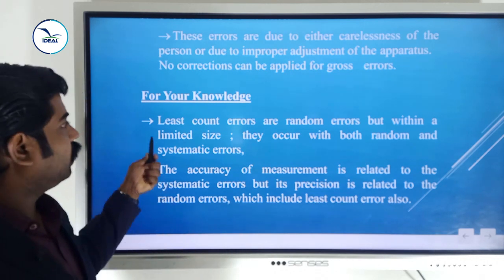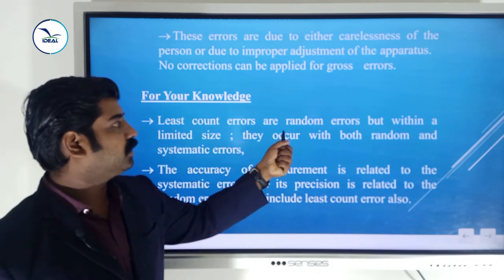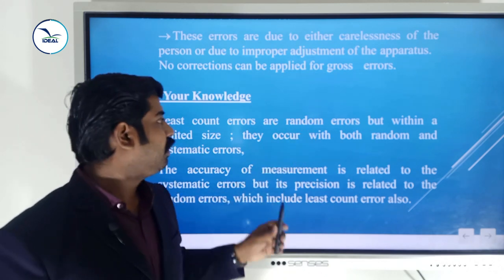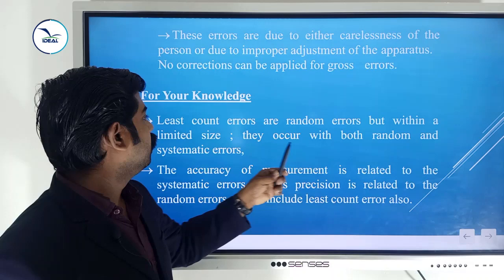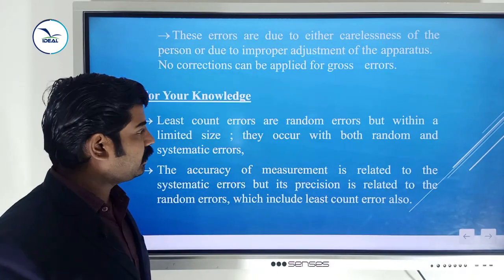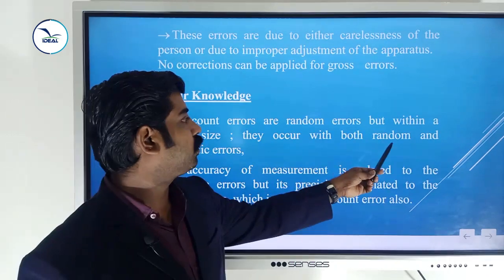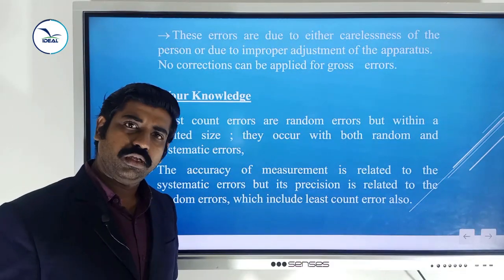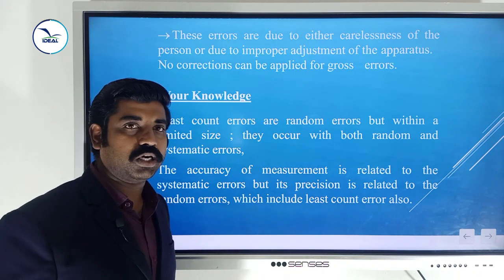So least count errors are random errors. We can consider that least count error is also a random error, but within a limited size. They occur with both random and systematic errors. It comes under systematic error also.